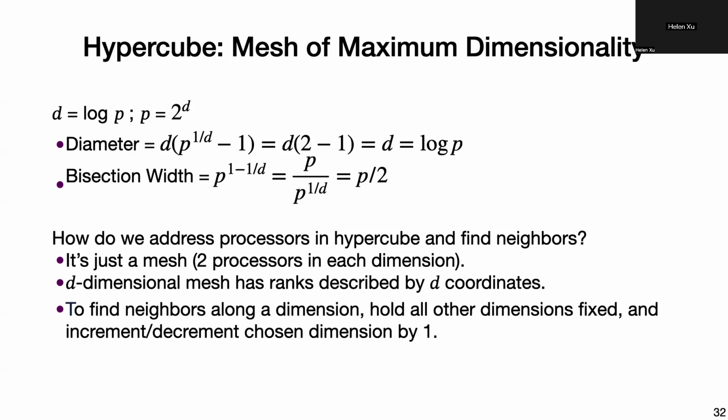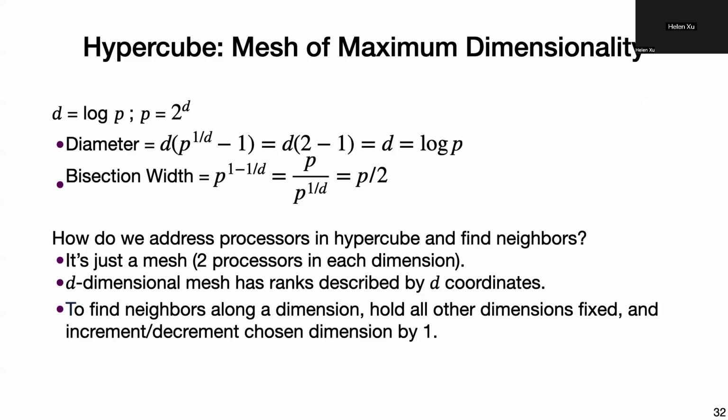That is something interesting, because so far we have been thinking of meshes and hypercubes as separate types of topologies, but actually in the limit, they are basically the same thing. A lot of the properties for why hypercubes are nice fall out of this connection.